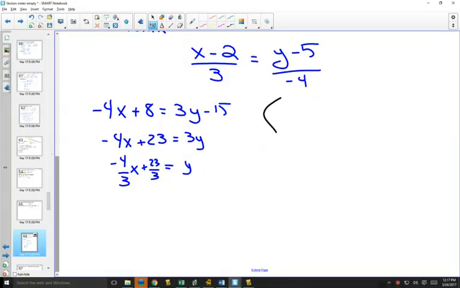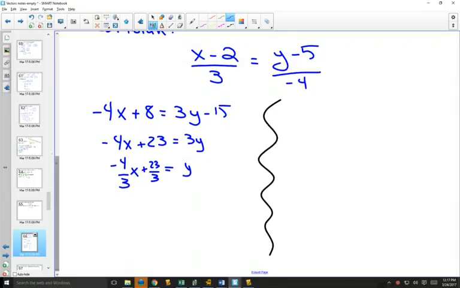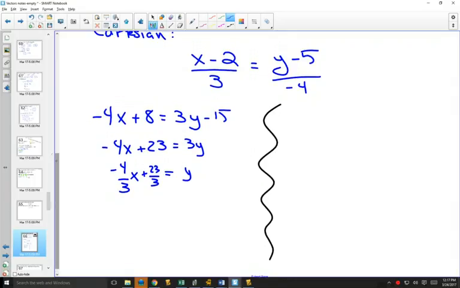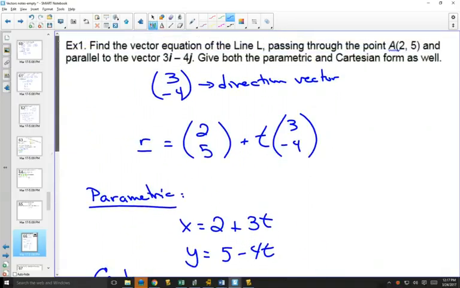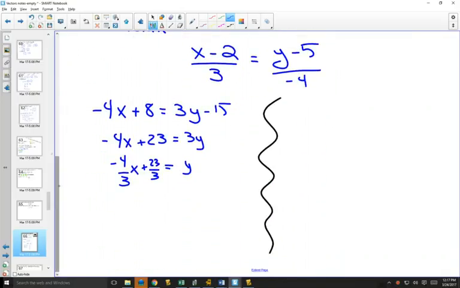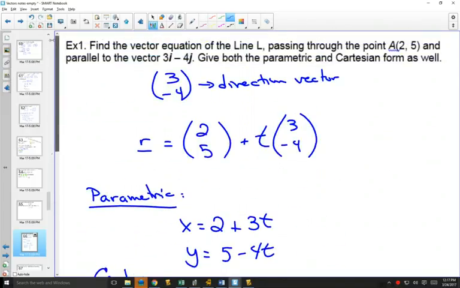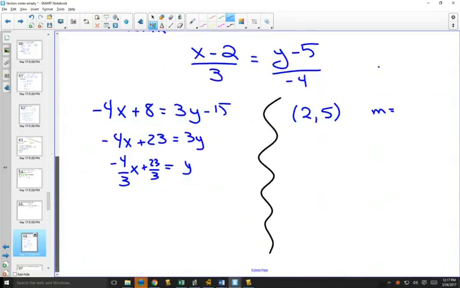If we think about this going back to y equals mx plus b. We know that our original equation went through the point (2, 5). There's our point. And it tells us that it's parallel to the vector 3 to the right, 4 down. If you think about that, going 3 to the right, 4 down, can you see that that would have a slope of negative 4/3?